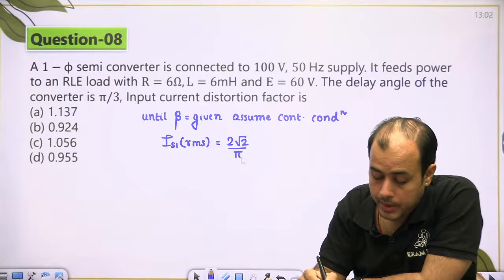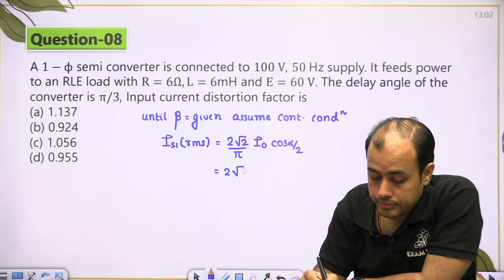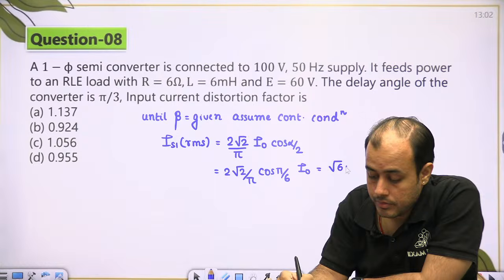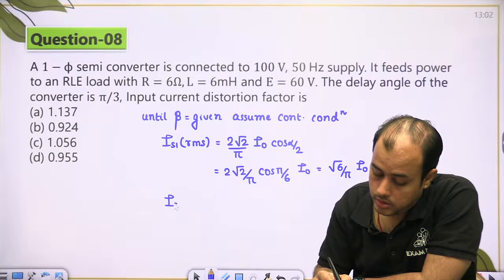तो 2√2/pi. Alpha is pi/3. The total RMS.